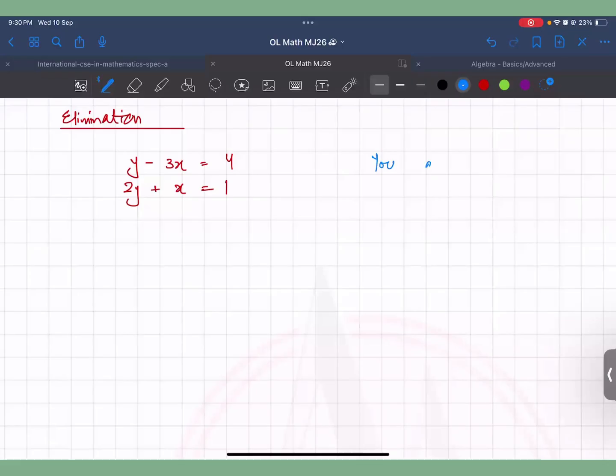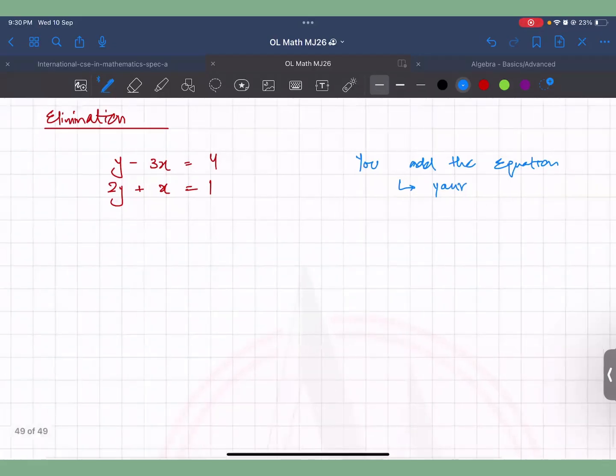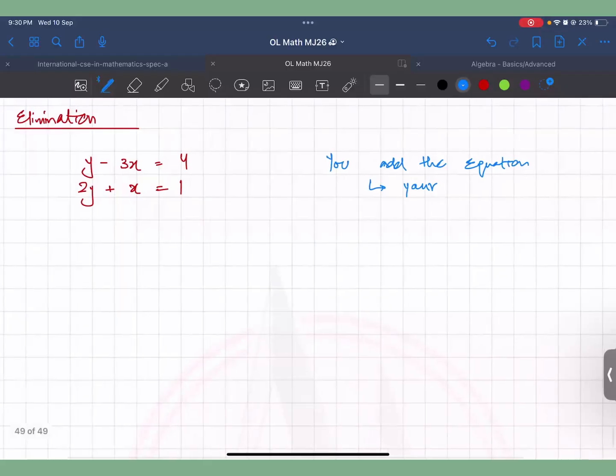You add the equations in such a way... सर, सबसे ज्यादा अच्छा सब्स्टिट्यूशन मेथड होता है ना? Best one is... that will be applicable in all cases. But it's up to you. Elimination, you will see, it will save you time.